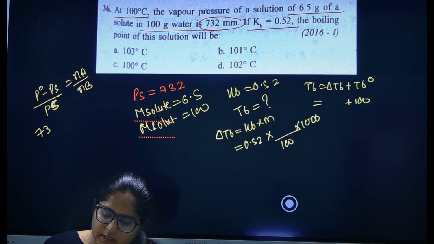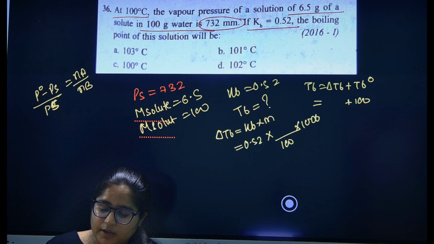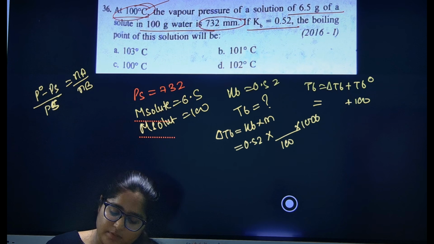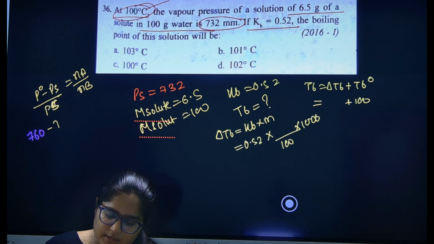Since 100 degree centigrade is the boiling point, the vapor pressure of pure water is 1 atm, 760. So 760 minus 732 by 732 equals mole of A, let us say n, by Nb.